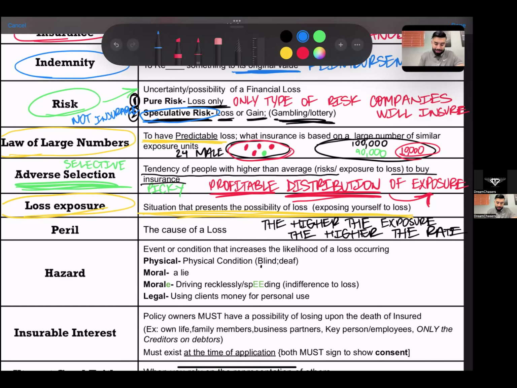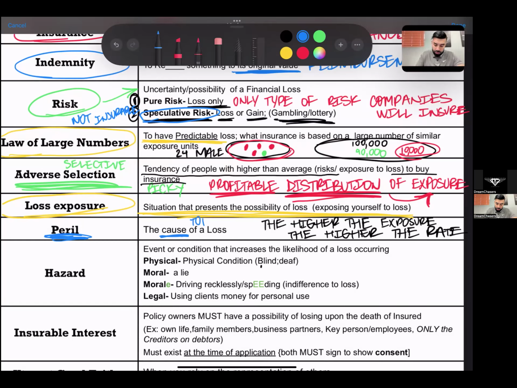Next is the term peril. So peril is another word for the cause of a loss. So an example there on the test, I've seen a question that pops up that refers to a tornado.